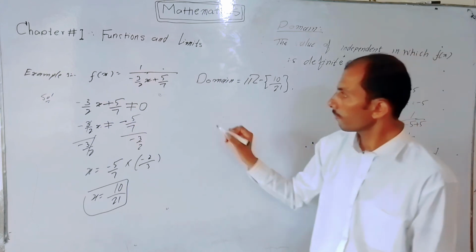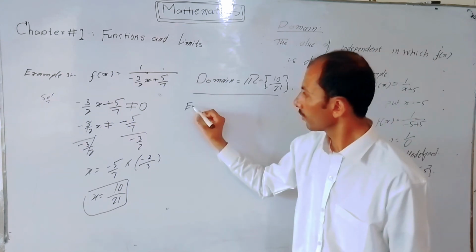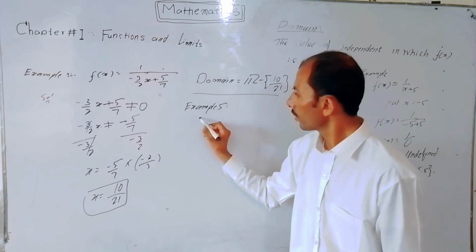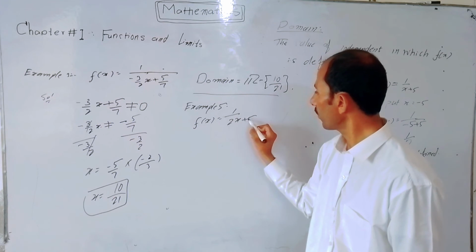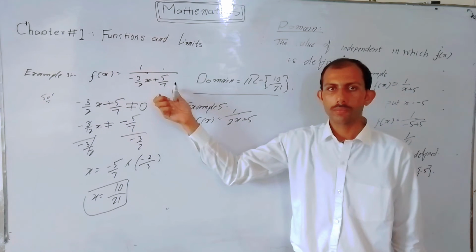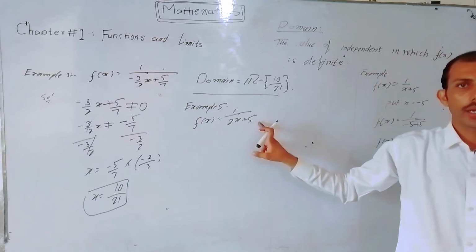Next example, f of x is equal to 1 divided by 2x plus 5. So this is similar to this question. First of all, put the denominator not equal to 0.